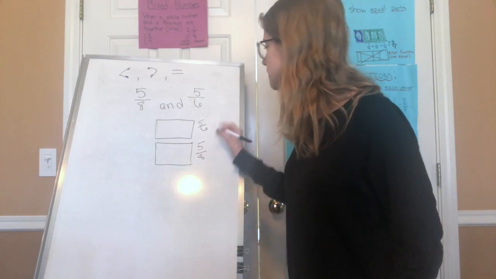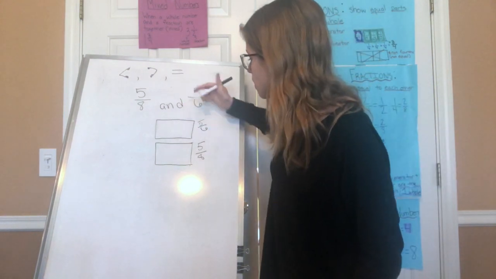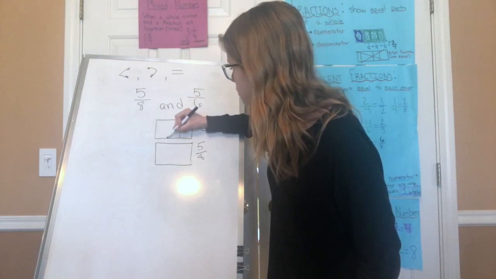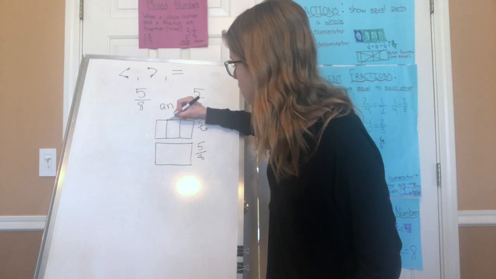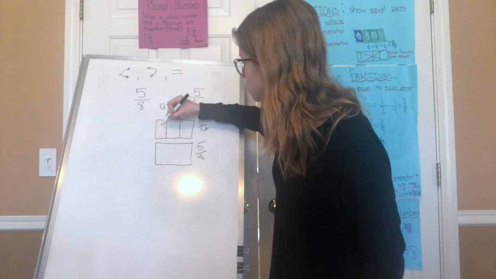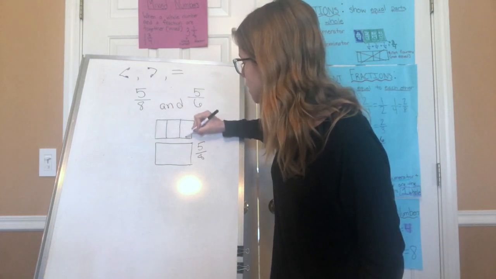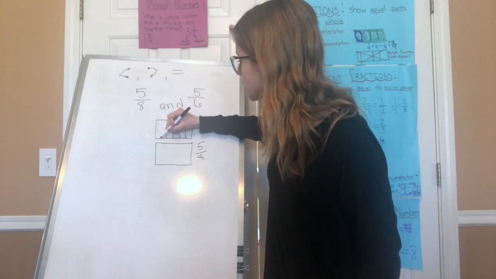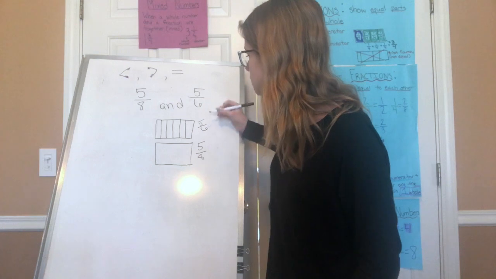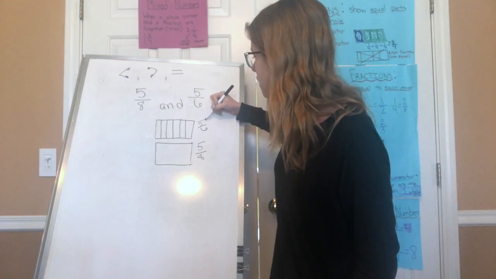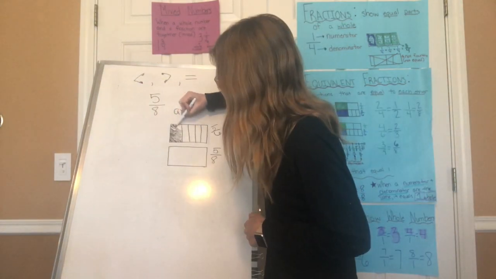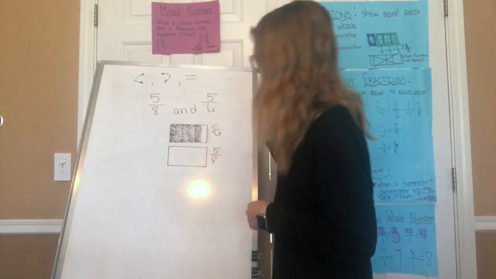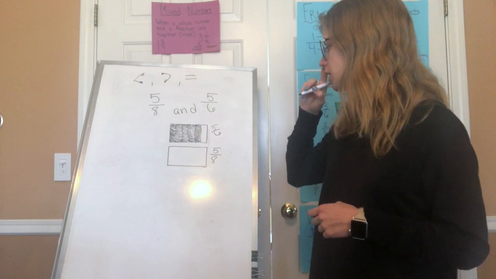So for 5/6, I'm going to separate my fraction bar into thirds first, and then put a line down the middle, because 1, 2, 3 times 2 in each is equal to my denominator, 6, and I'm going to shade in 5 parts. So now I have 5/6 shaded in.